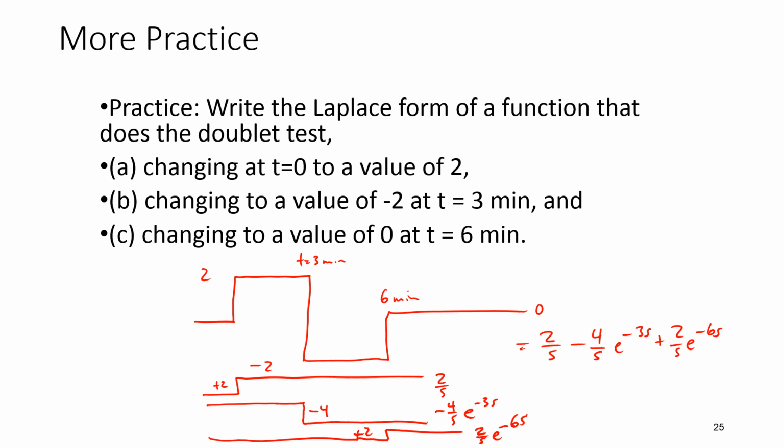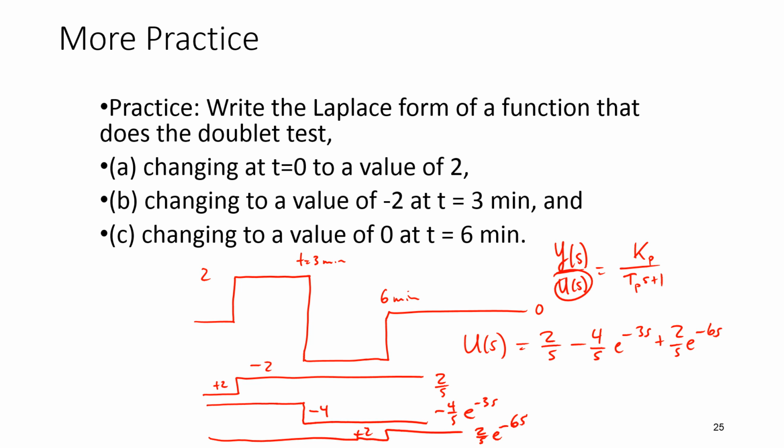Okay, so that might be our input function. And then, let's say we had y over u was going to be Kp over tau p s plus 1.